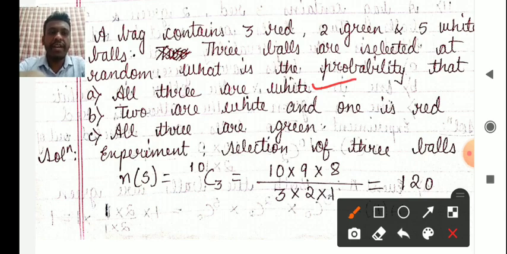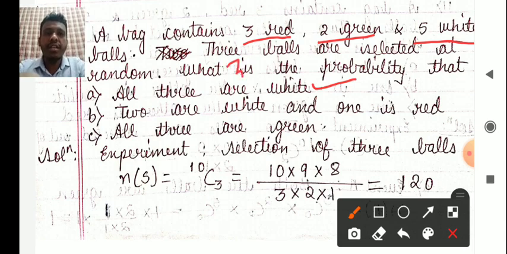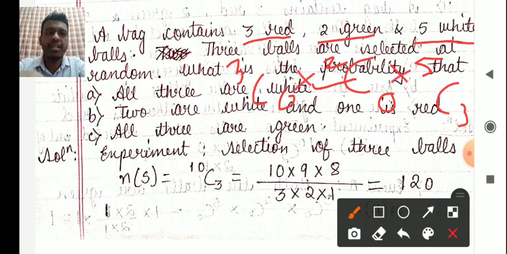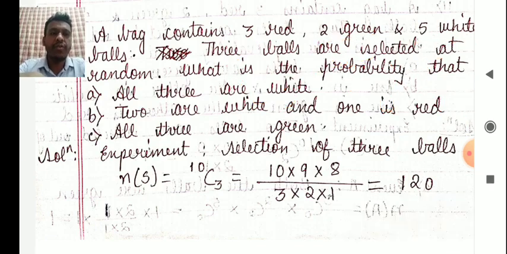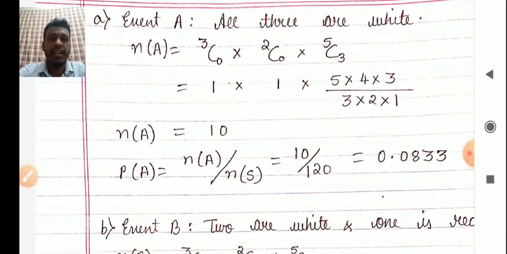The first event is all 3 are white. How many white balls are there? 5. Out of 5, all 3 are white. That means how many red are we selecting? 0. And how many green? 0. So this becomes 3C0, 2C0, and 5C3, and we just multiply these. So event A: 3C0, 2C0, 5C3.